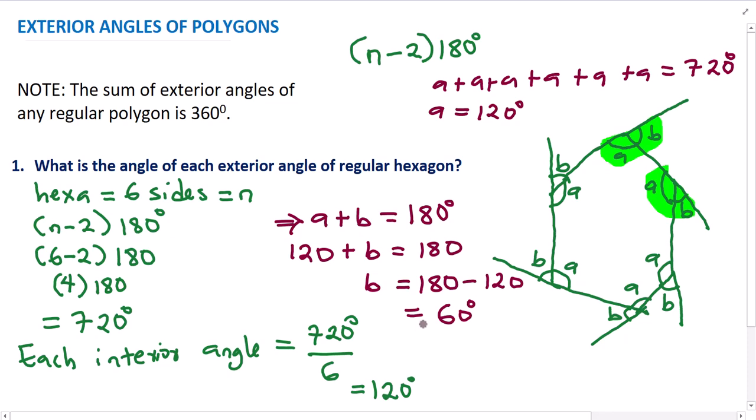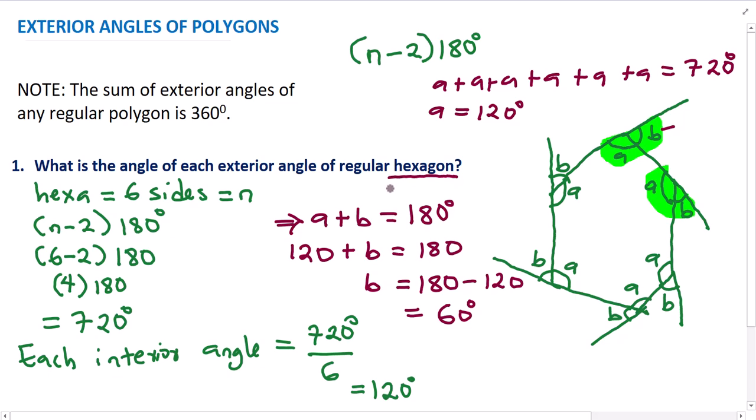Now, since one of the B's is equal to 60 degrees, how many do we have? 1, 2, 3, 4, 5, and 6. Even if we don't count, since we're working with a hexagon, which has 6 sides, we should have 6 interior angles and 6 exterior angles.